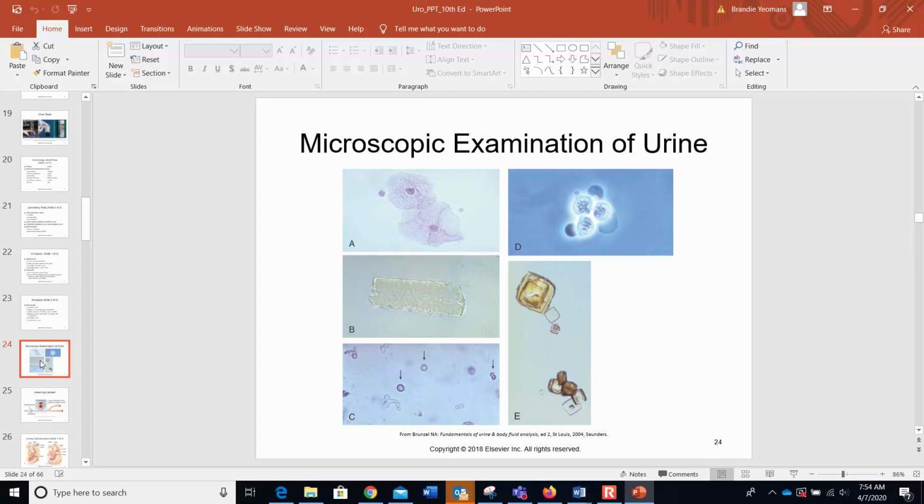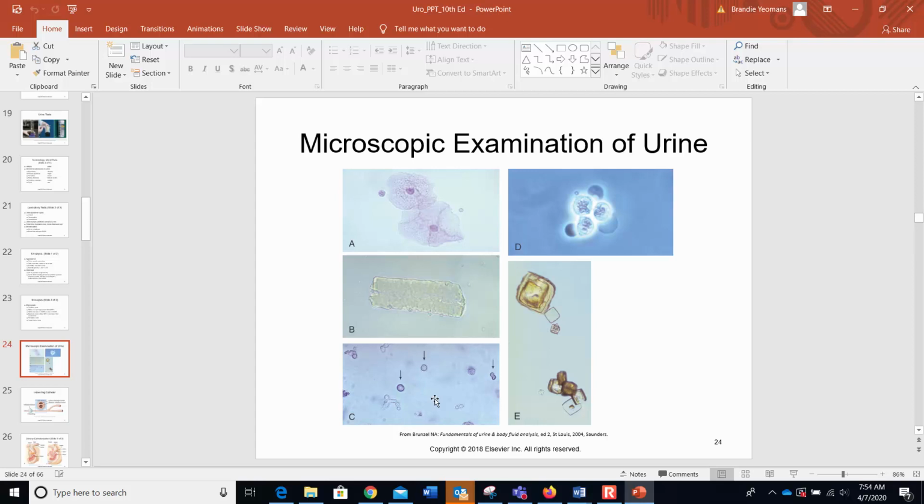In picture D, what we see are white blood cells, and these are all the pictures here on the screen. In picture B as in boy, what we see here is a waxy cast. In picture C, we see red blood cells.